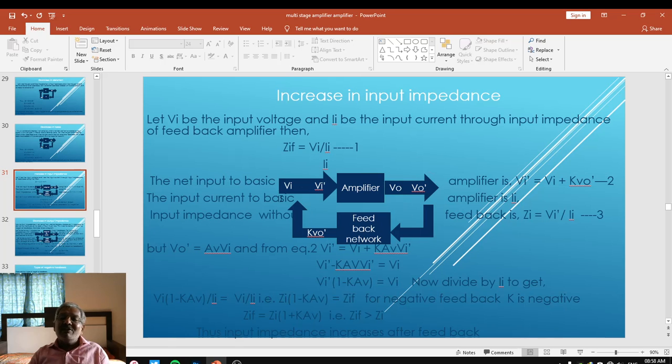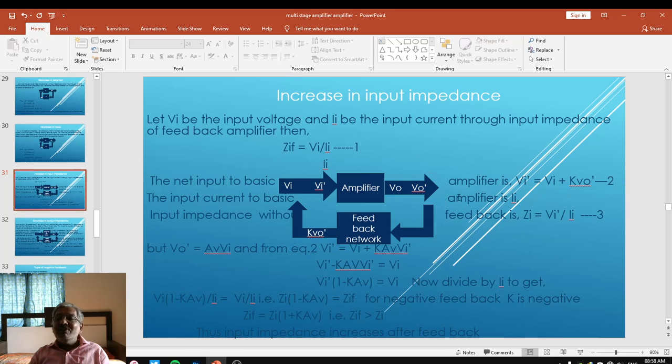It may be added or subtracted from the input. As we are using negative feedback here, it is subtracted from the input voltage. So Vi dash is equal to Vi plus K into Vo dash. Equation number 2.